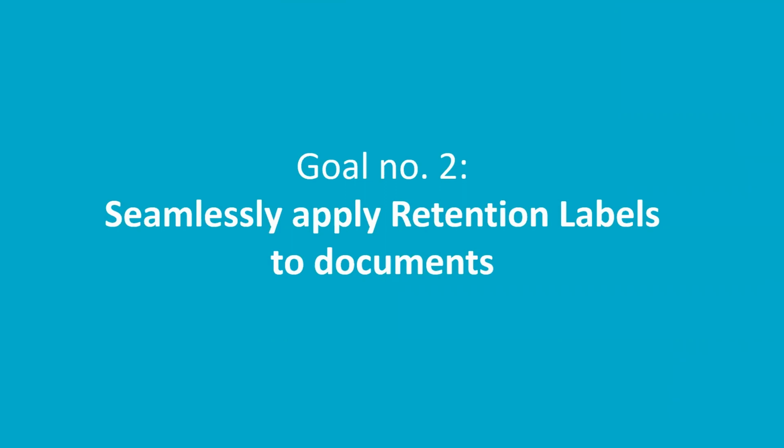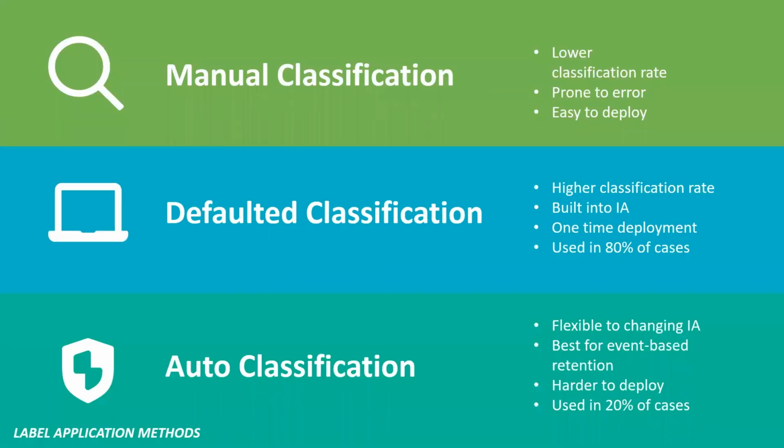And this is our goal number 2, to make sure that we have seamless records management and the end users just perform their day-to-day activities and retention labels are intact. Now, there are 3 different ways we can apply retention labels.